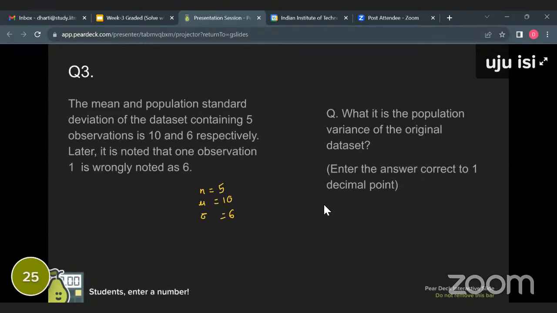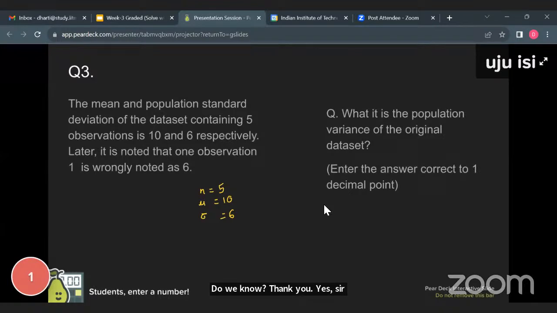Ma'am, in this question, is there not any short trick? It is only a short trick, the way we have found it. Actually, this is a short trick only.